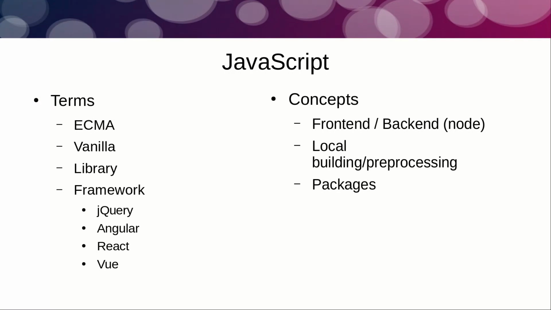So from running Node locally, so not as a deployed system, but as a local system that we use for development. And that would also include packages. Packages are the concept of taking libraries and having them available at your disposal in an online repository.